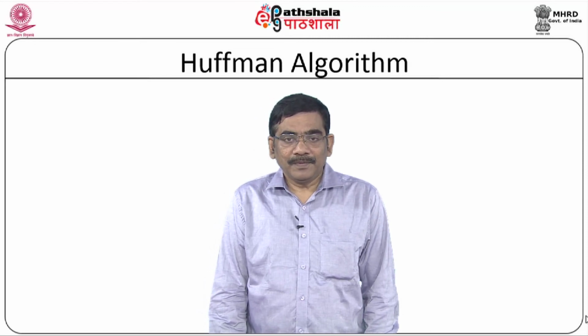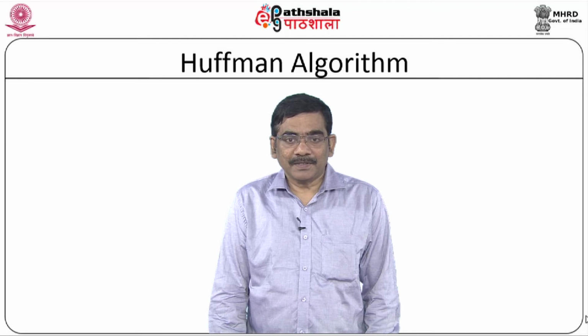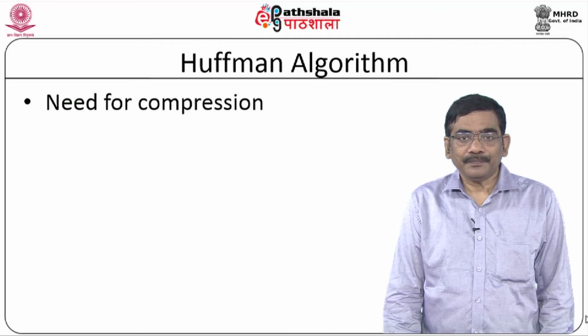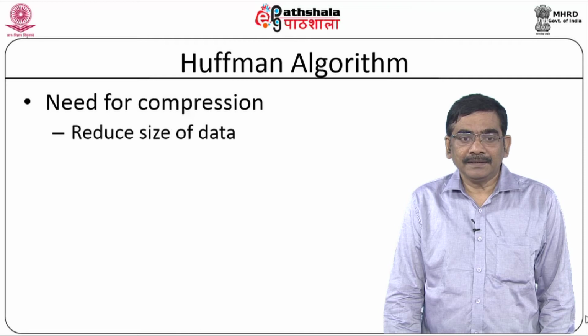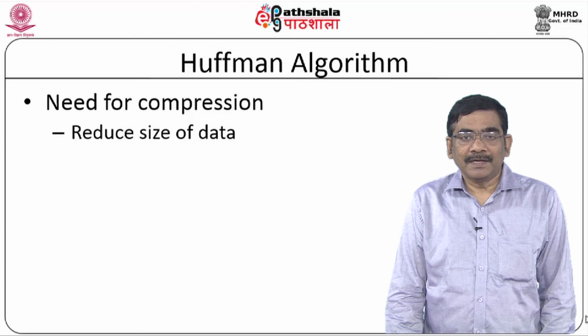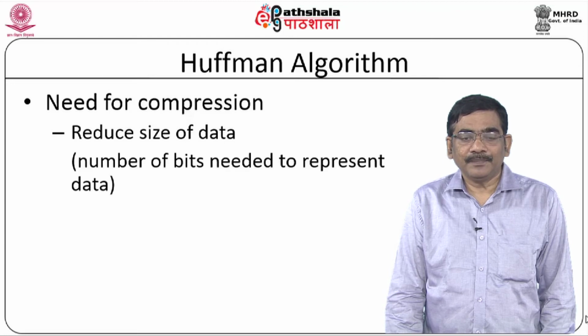One more algorithm we will discuss today as part of this particular module is the Huffman algorithm, which uses the greedy approach. This algorithm is very much useful for data compression. Compression is a very important topic where we are talking about reduction of size of data.